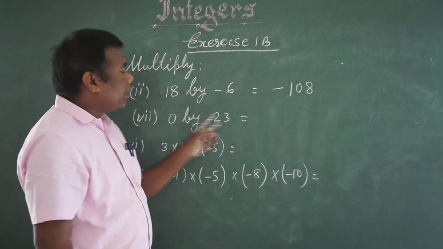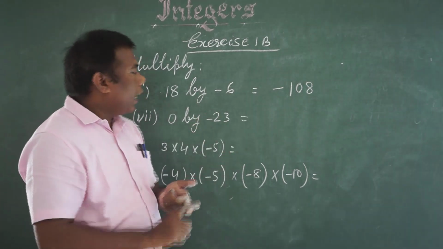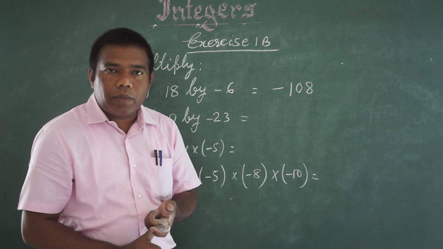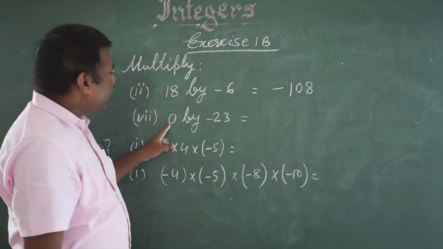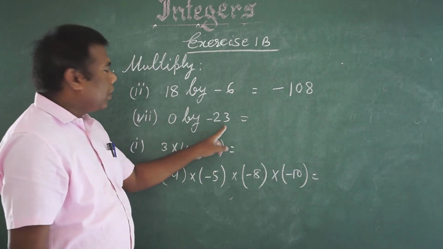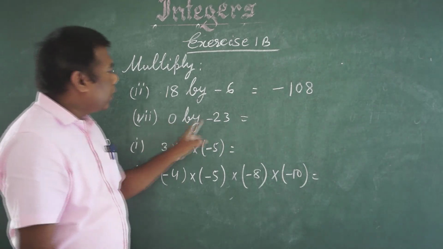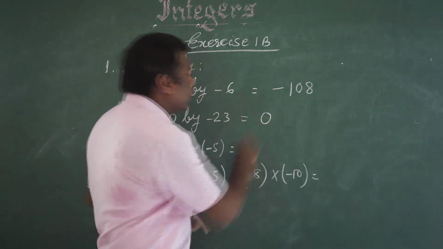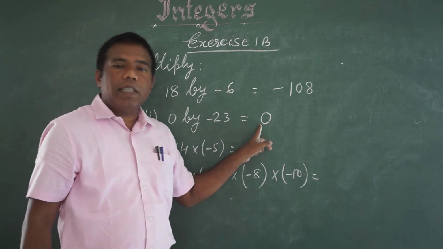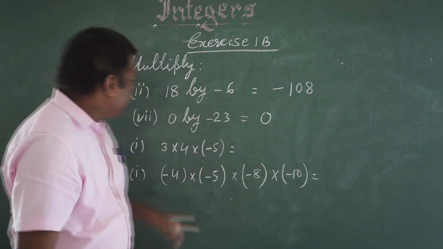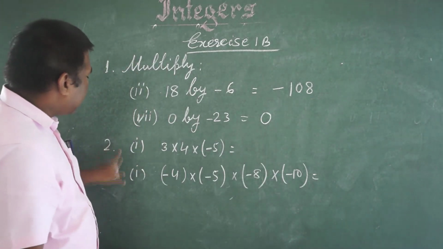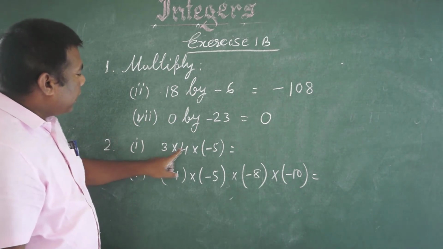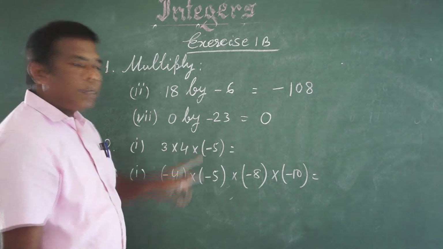In addition and subtraction, when we add or subtract, the value of the number does not change. But when you multiply any number by 0, the value will always become 0. No need to put any sign, plus or minus. Next question we have 3 into 4 into minus 5.